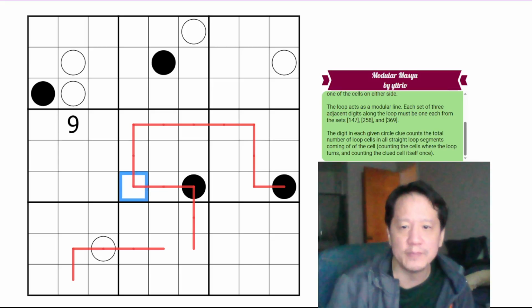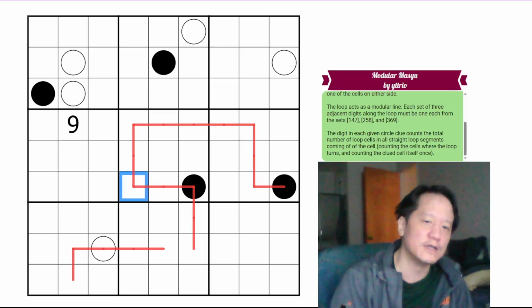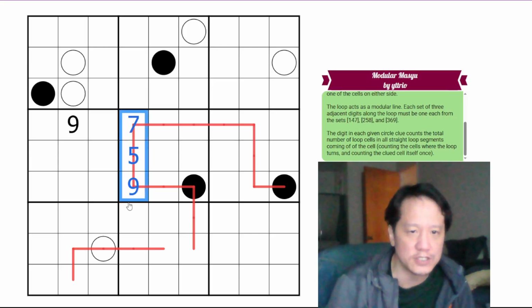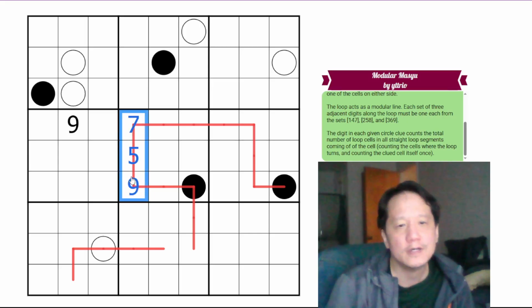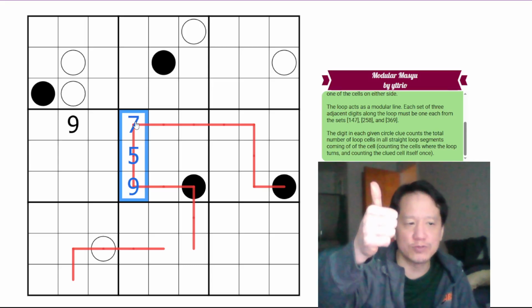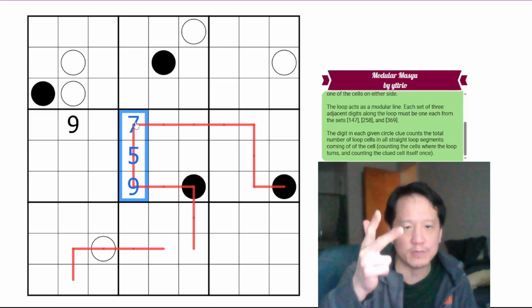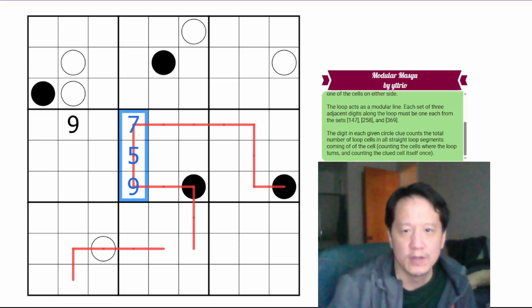So as an example, we could have something like 9, 5, and 7 here, because this set of 3 digits on the loop has one that's 1 modulo 3, which is 7, one that's 2 modulo 3, which is 5, and one that's 0 modulo 3, which is 9. So that's an example of how modular lines work.